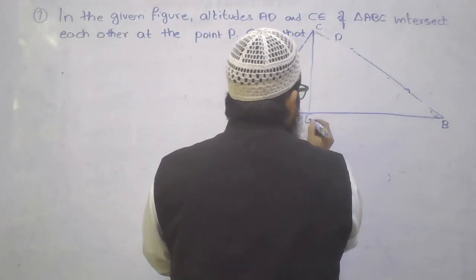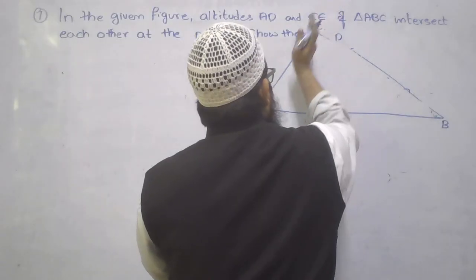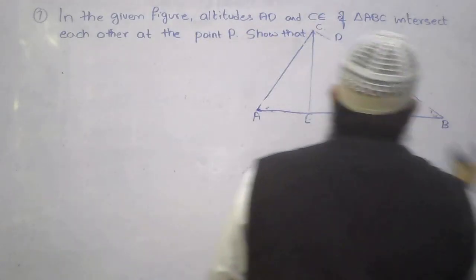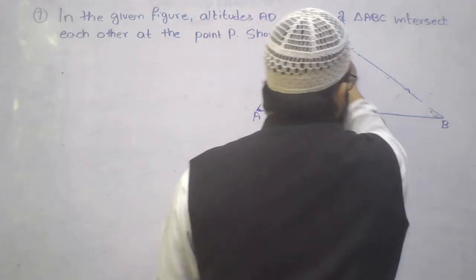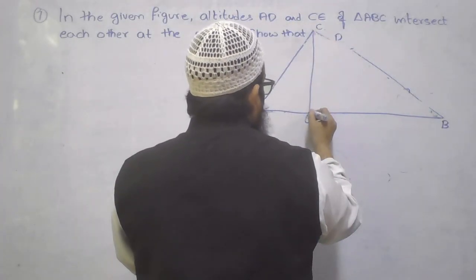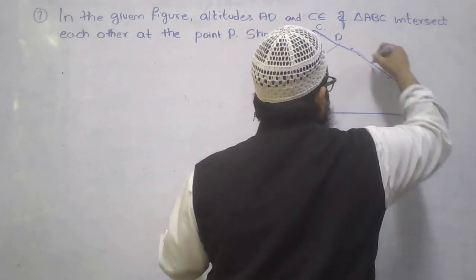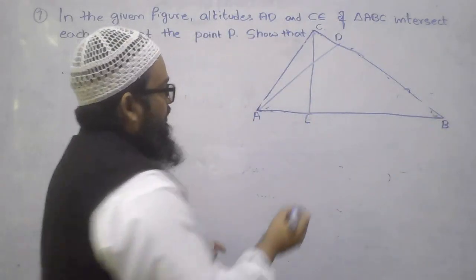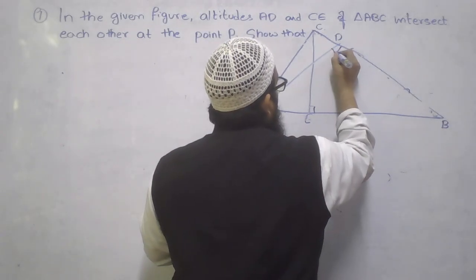CE is what? So CE is an altitude, and in the same way, AD is an altitude to side BC. This is 90 degrees, and this is also 90 degrees.